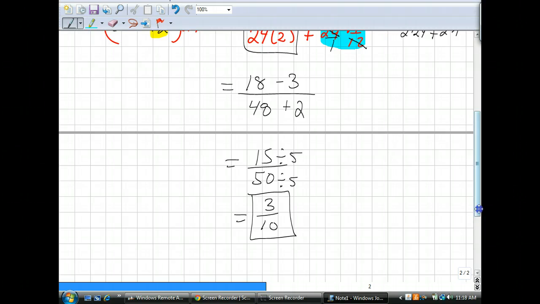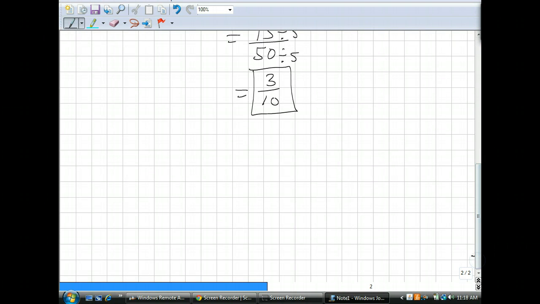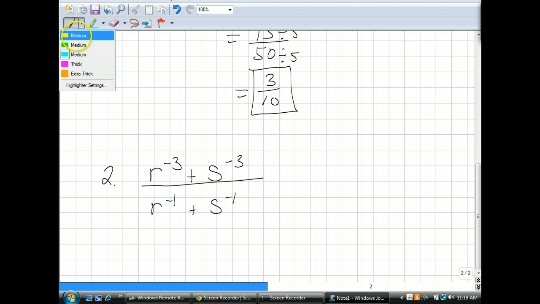Okay, example 2. Let's look at one now with variables. So I have r to the negative 3 plus s to the negative 3, all over r to the negative 1 plus s to the negative 1. Well, first of all, remember that a negative exponent really means a fraction.